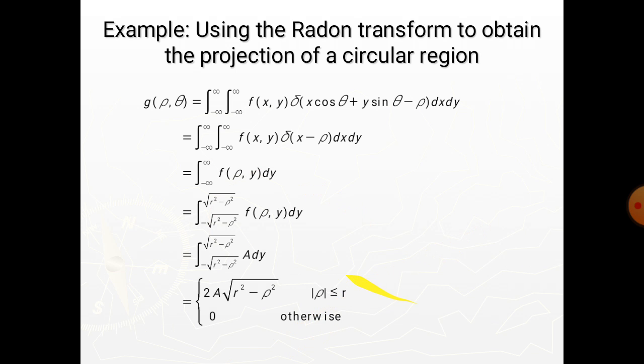So we get 2A root of r squared minus p squared when p is less than or equal to r, otherwise g of p, theta is equal to 0. So g is independent of theta because the object is symmetric about the origin.